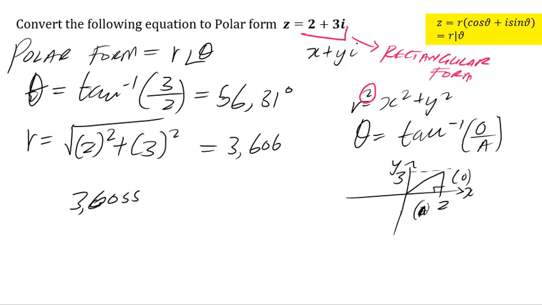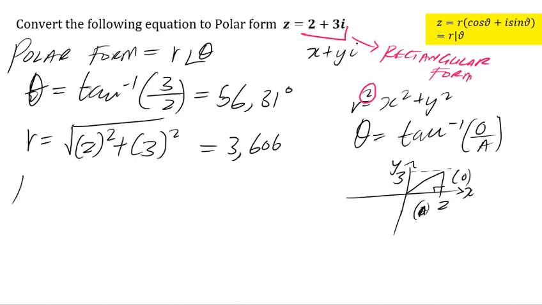We round it off to 3 decimal places. The digit after the third decimal is 5, and if it's 5 or more, then you round up and change the previous value to the next one. So this is your r.